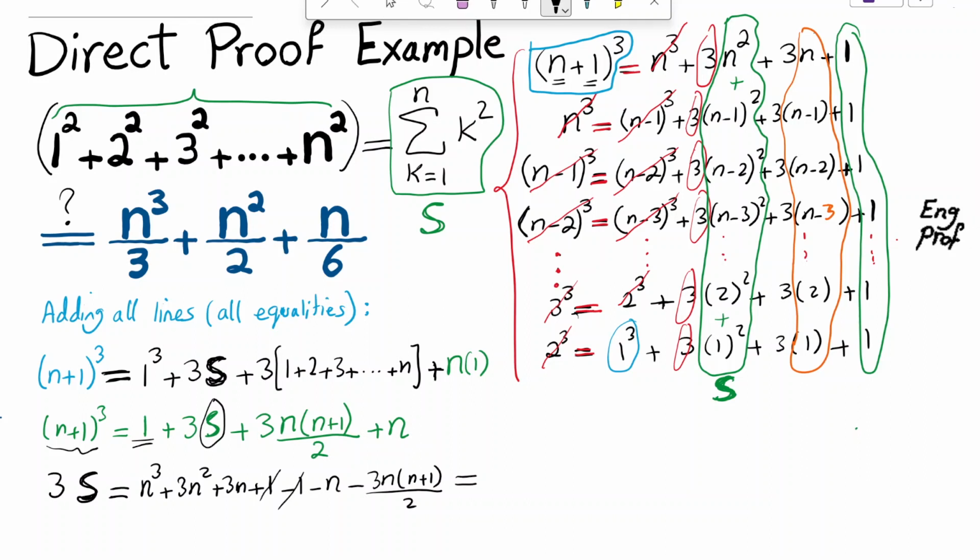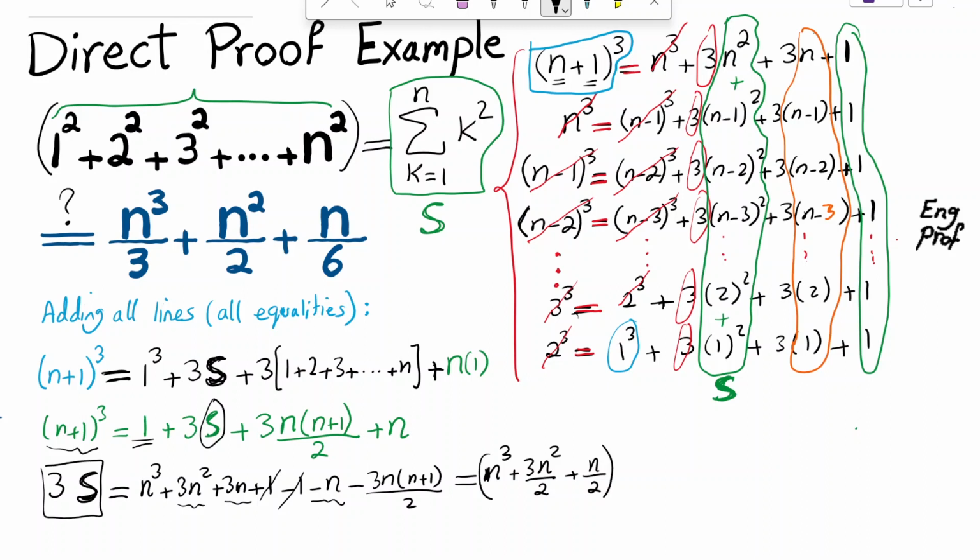What I get is just n cubed, and I get 3n squared, and then minus 3n squared over 2, so it becomes just 3n squared over 2, and I get 3n minus n, 2n, and then I have minus 3n over 2, so it becomes effectively just plus n over 2. Alright, so that is the outcome for 3S.